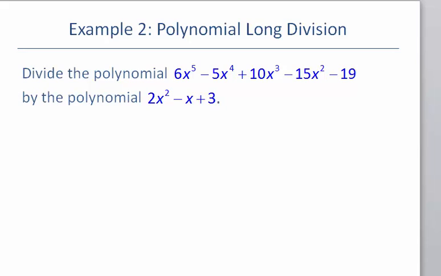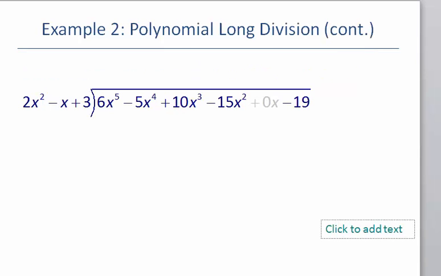I'm missing the first, so when I write this problem down, I need to insert a plus 0x, and then I have my 19. And we're dividing by the polynomial 2x squared minus x plus 3. So we'll go ahead and set it up. You can see that the 0x has been inserted, and we're ready to start working the problem.